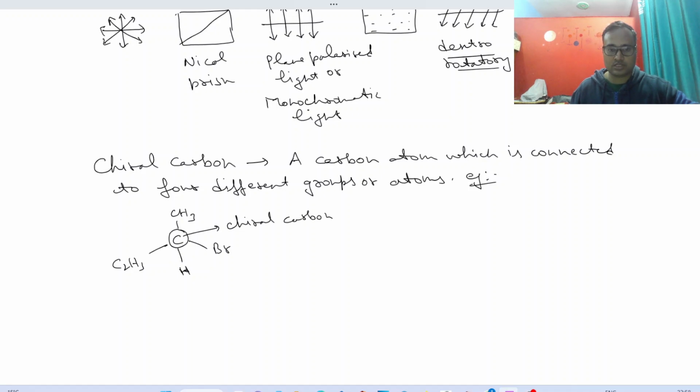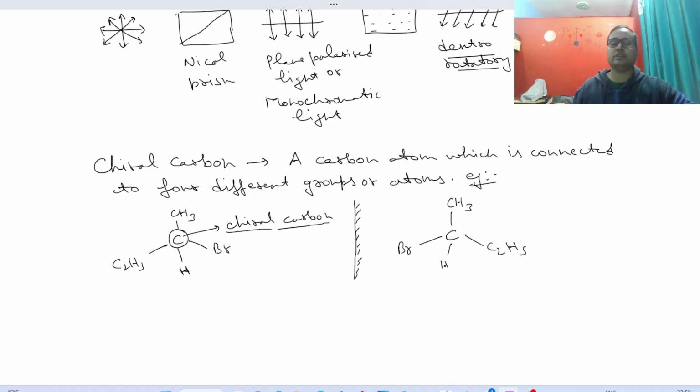Now what is the property of this chiral carbon? If we draw a mirror image of this molecule, then the mirror image won't be superimposable on it. So this one has hydrogen, and this will be C2H5.